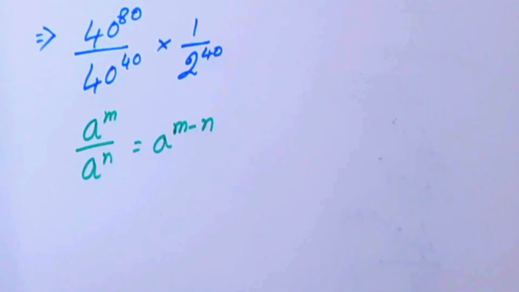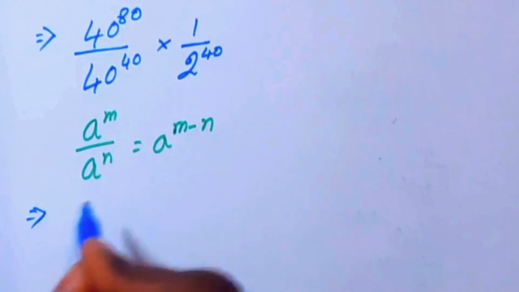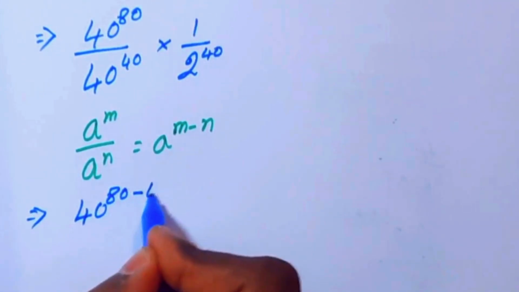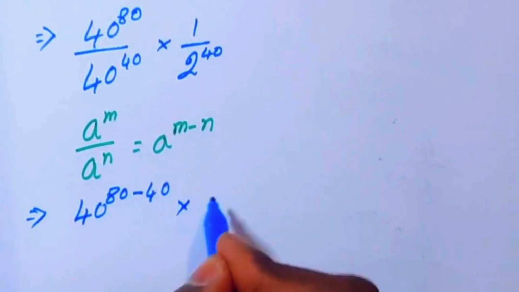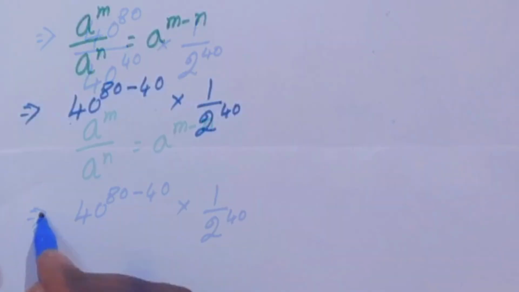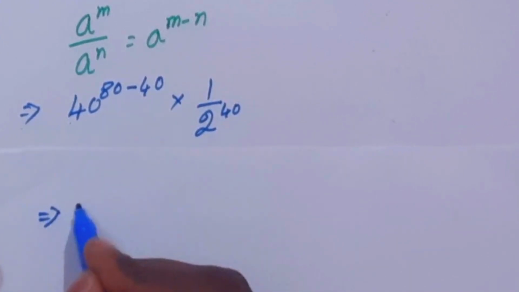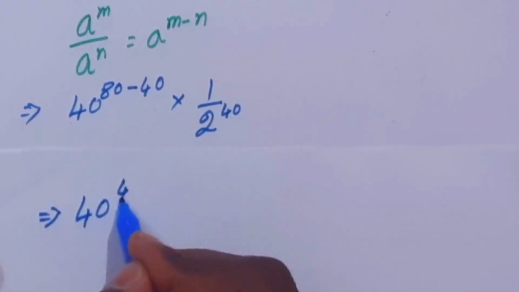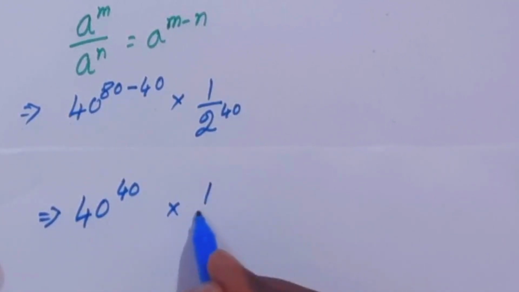So 40^(80-40) times (1 by 2)^40. This 40^(80-40) is 40^40 times (1 by 2)^40.